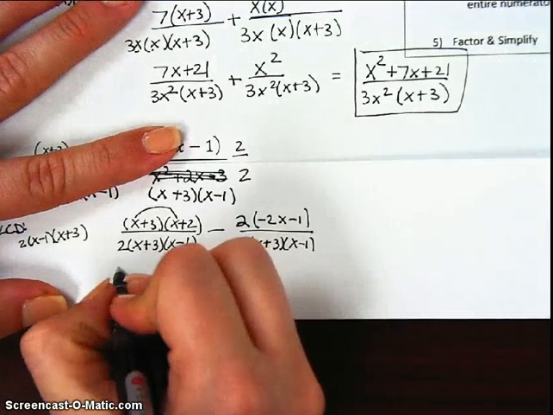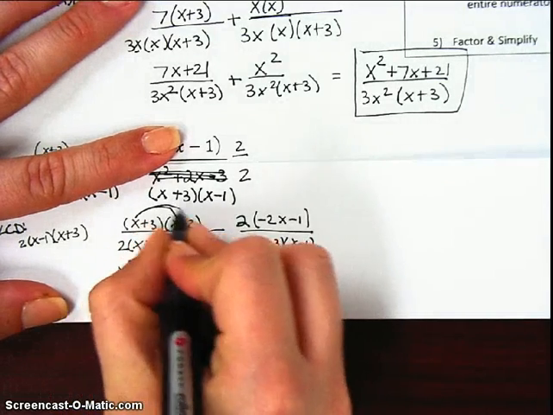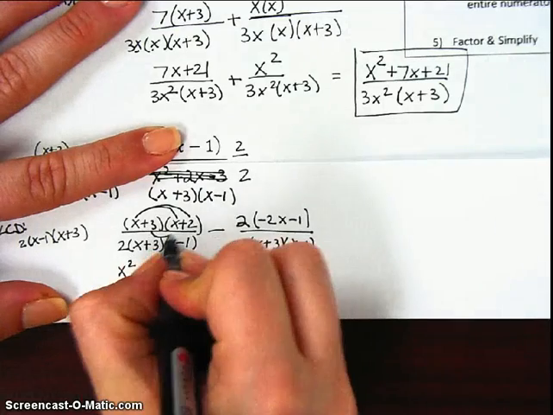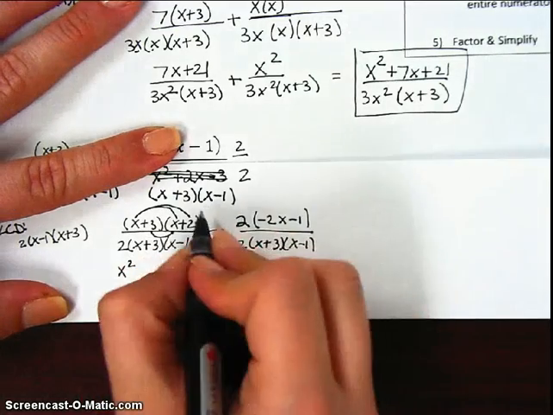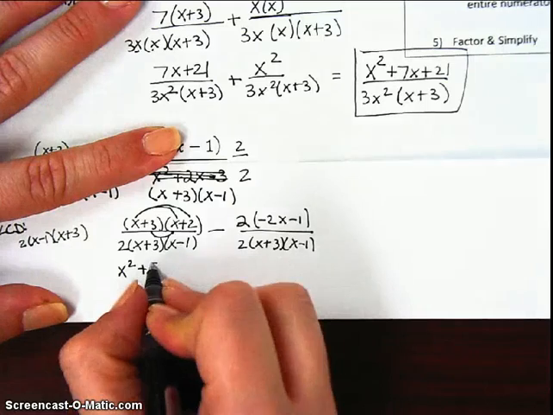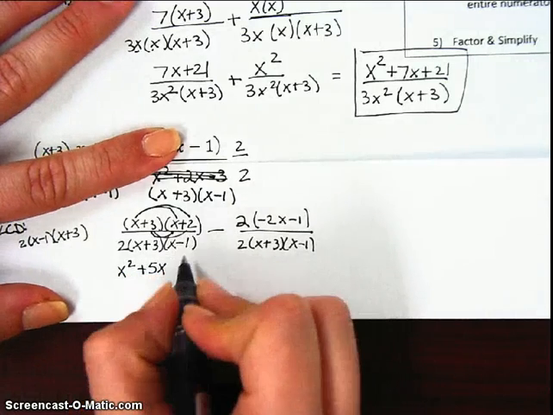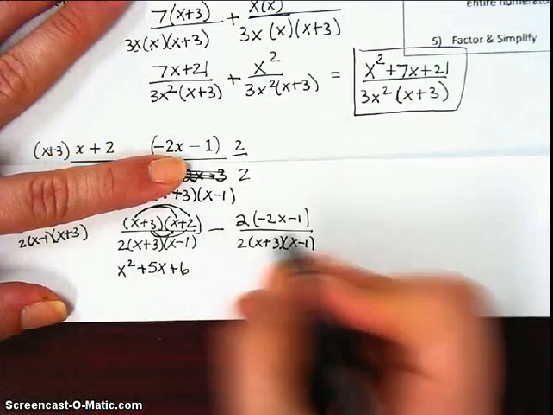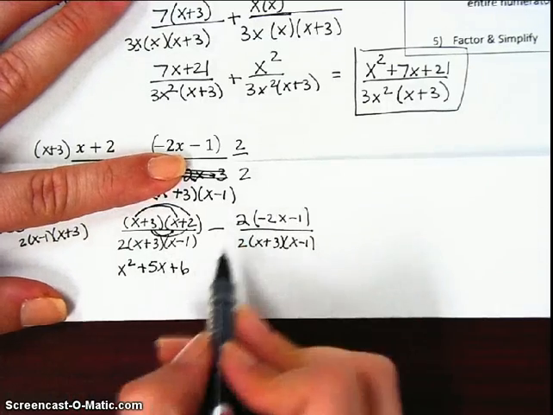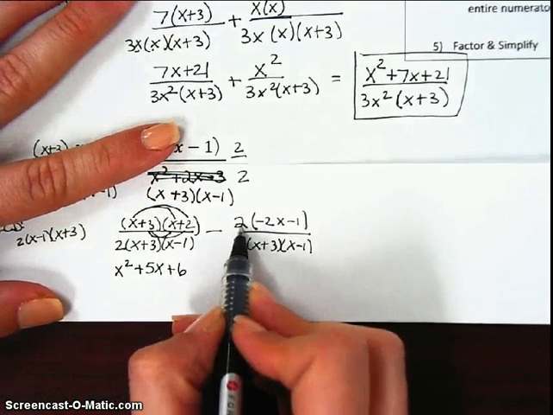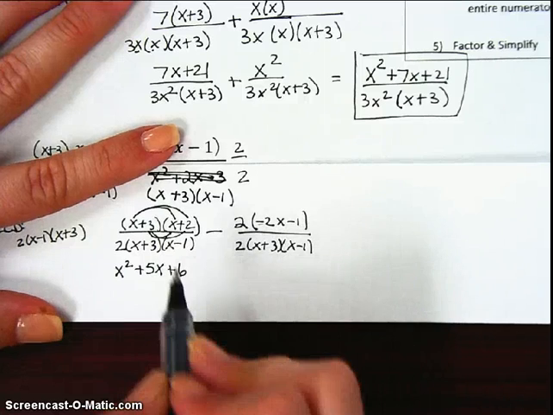So x times x is x squared. Then we'll have plus 2x and plus another 3x. So the plus 2x plus 3x will be plus 5x. 3 times 2 is 6. Then you come and you've got minus 2 times all of this. There are two ways of going about it.